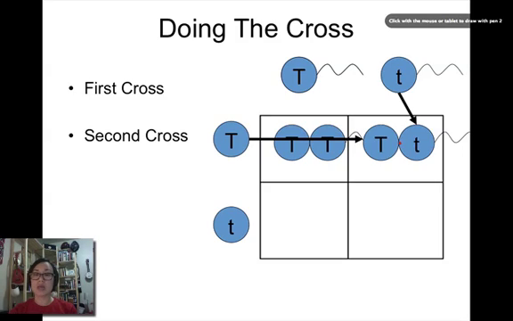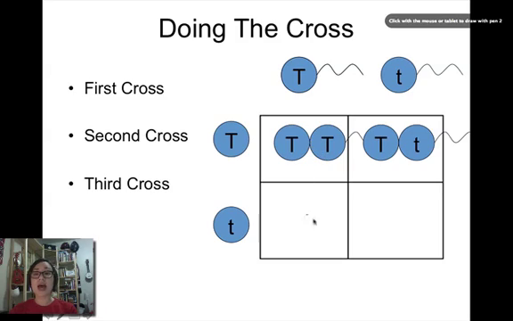I'm going to do the same thing now for my third box. So for my third cross, again, I'm going to ask myself what's on the left and what's on the top. One thing that you want to pay attention to is that you still want to follow putting things in the same order that you would find them if you were writing a sentence. Remember, the very first letter of every sentence needs to be capitalized. The same thing is true inside of your boxes.